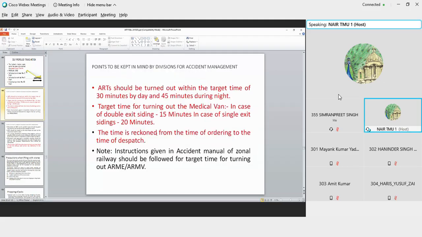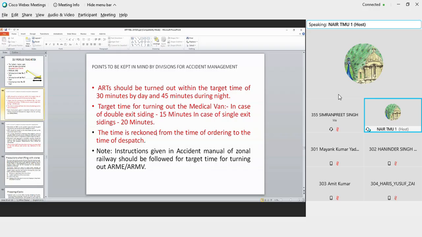Now, these are some conditions which are laid down. The ART has to be turned out within 30 minutes of the information received. So if an accident has happened at 1300 hours at Anand and the information comes to the control at 1305, then we have a signal code or an alarm hooter code wherever the ART is placed. The closest ART, in this case, is in Baroda Yard.